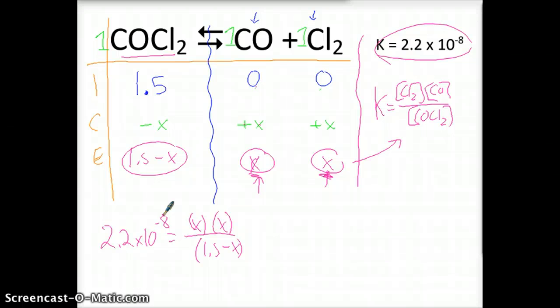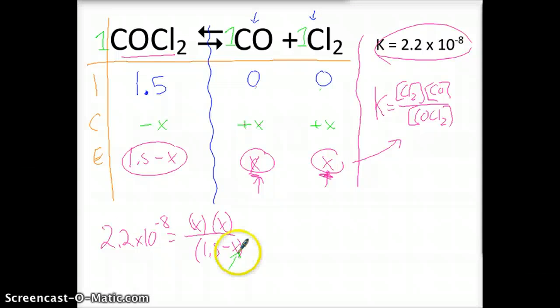To make this a little bit easier for you, we can make an approximation. Whenever you have something minus x in the denominator, and this is a key point to make a note of, we're going to assume that the value of x is going to be very, very small compared to 1.5.